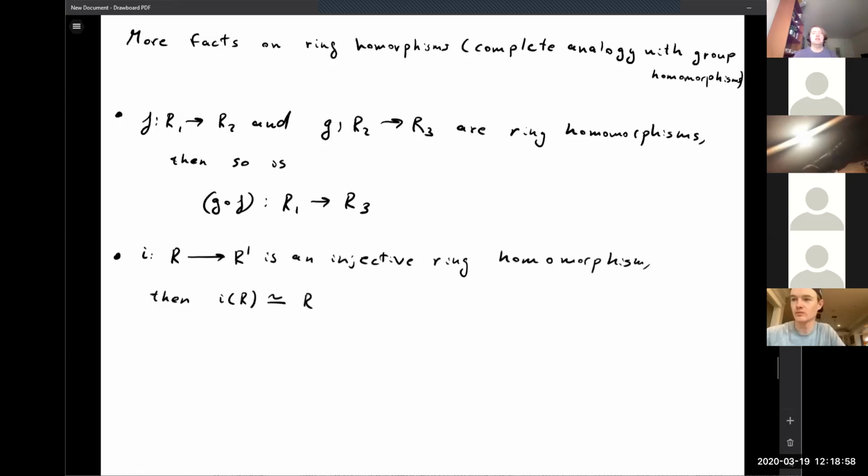So this was more or less identical to groups, and that's not a coincidence. In fact, both groups and rings, the collection of all groups and rings, share certain properties. In particular, these are the so-called additive categories, but we won't talk about this in this course.